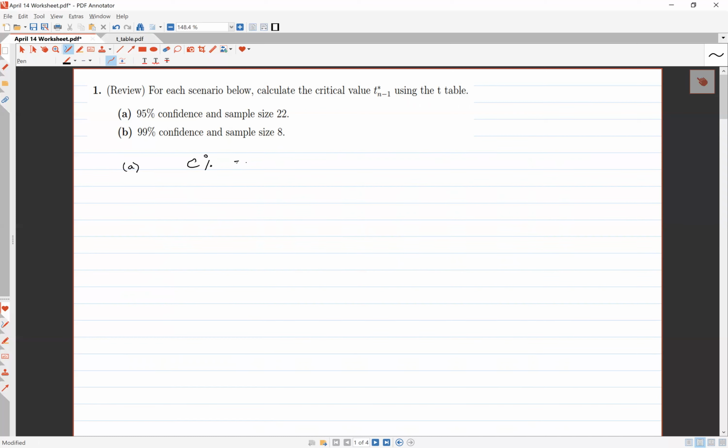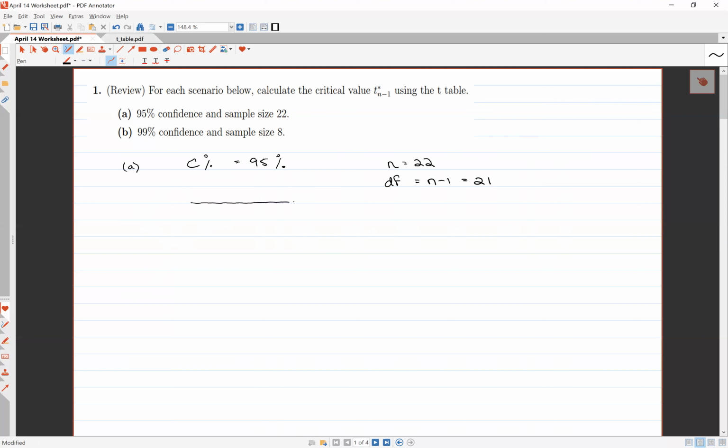So A says C% is 95%, and it says our sample size N is 22. Now, the degrees of freedom, which is in the subscript, that's N minus 1. So the appropriate row to use for the t-table corresponds to 21 degrees of freedom.